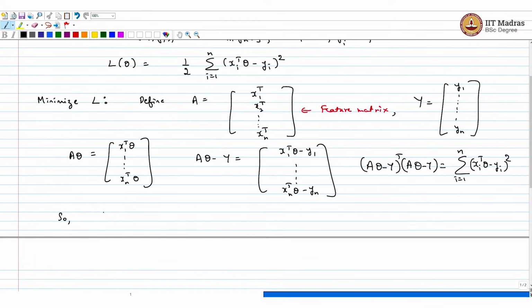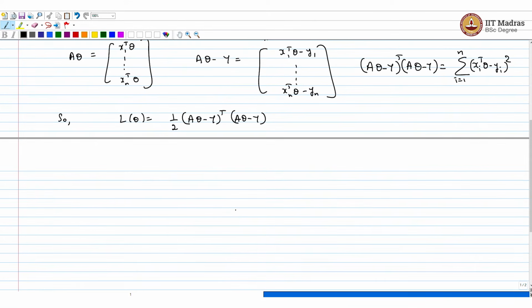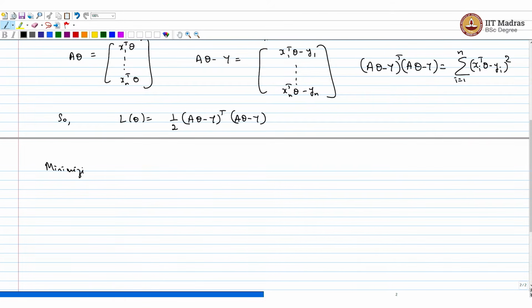So L of theta is nothing but half of A theta minus y transpose into A theta minus y. Now, I want to minimize. Minimizing L is equivalent to setting the gradient of this function with respect to theta equals 0.